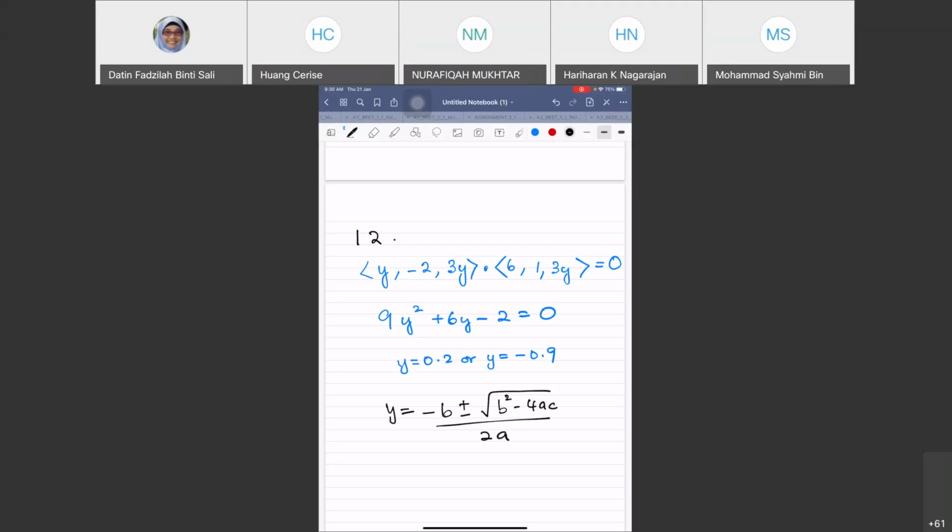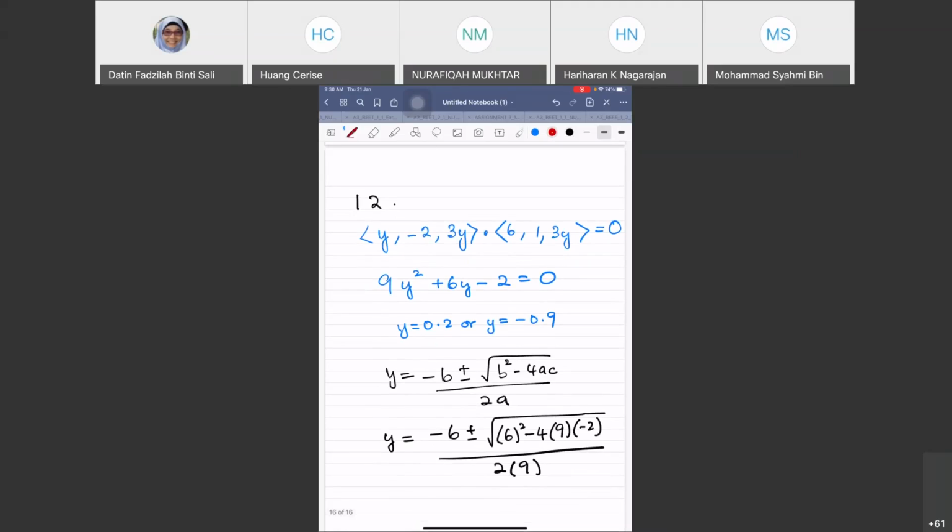In this case, you are using minus 6 plus minus square root of 6 squared minus 4ac over 2a. So you see whether you get the same answer or not.